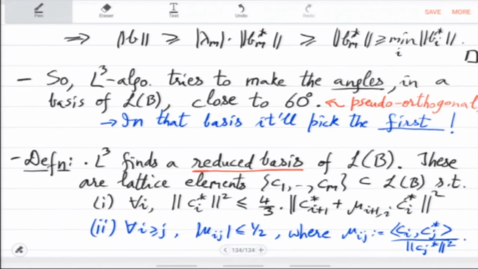Okay, so the first condition is kind of saying that Ci plus 1 is not much smaller than Ci.